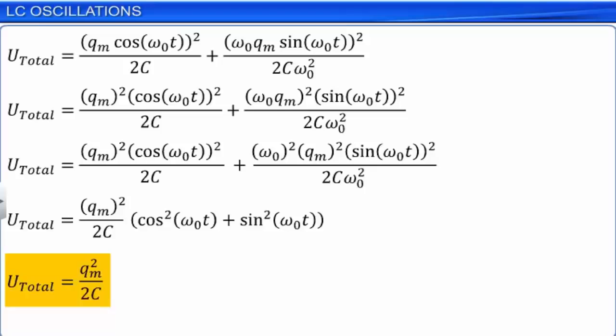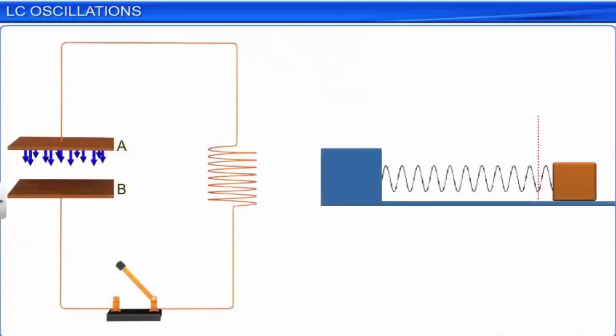This also holds good as no external force acts on the system. Hence, this oscillation is self-sustained. We also observe that LC oscillations are very similar to the mechanical oscillations of a body in simple harmonic motion.